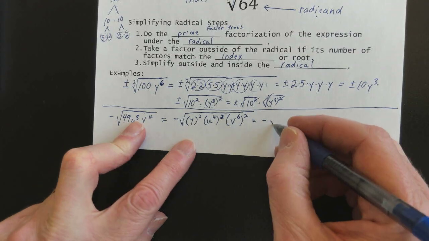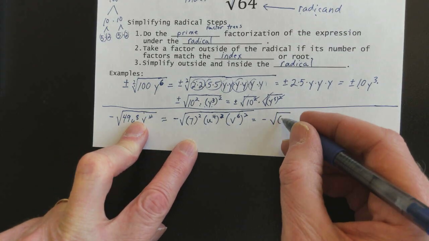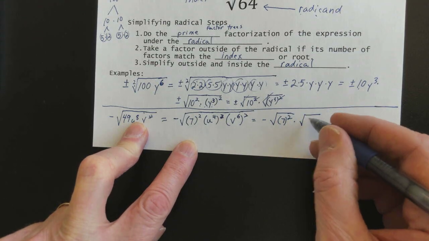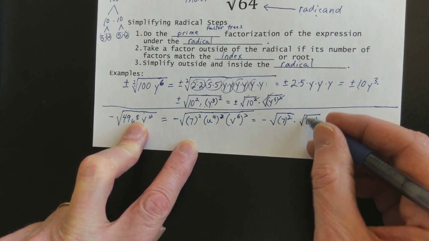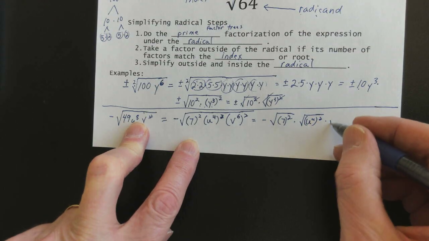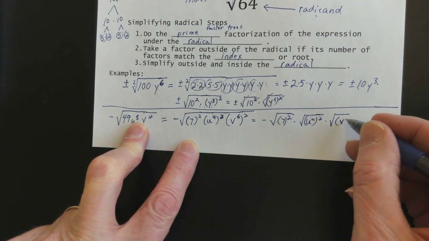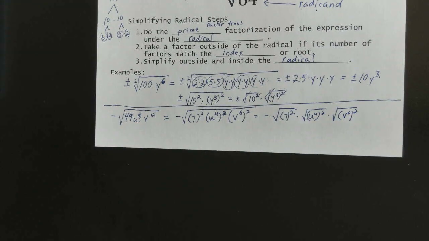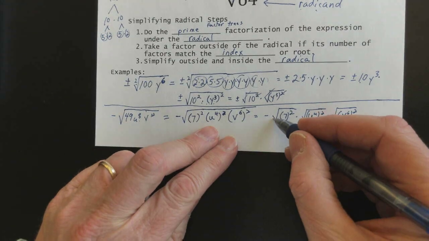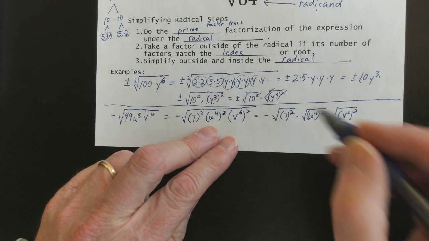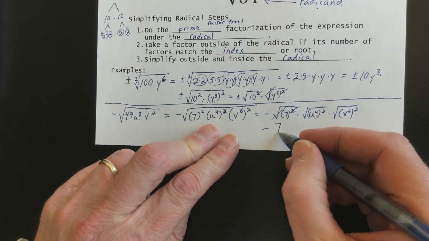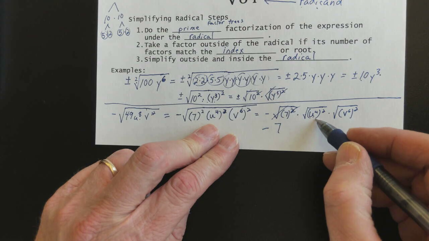So we got negative square root of 7 squared times square root of u to the 4th squared times square root of v to the 6th squared. What do the square and square root do? Cancel. So bring your negative, the 7. What's this one going to be?